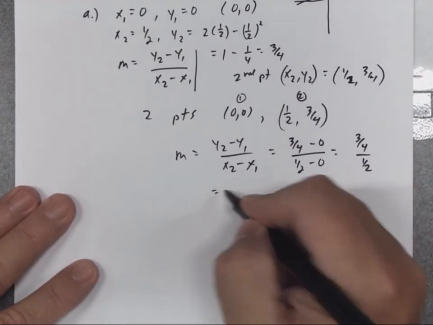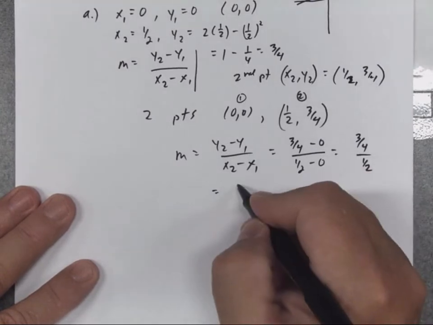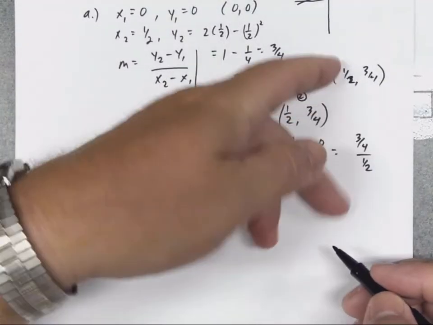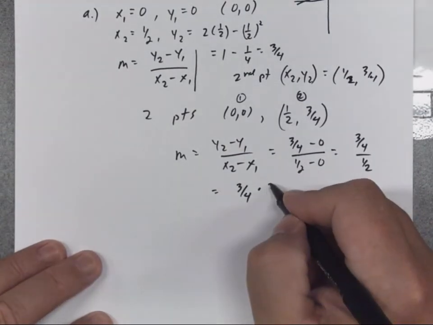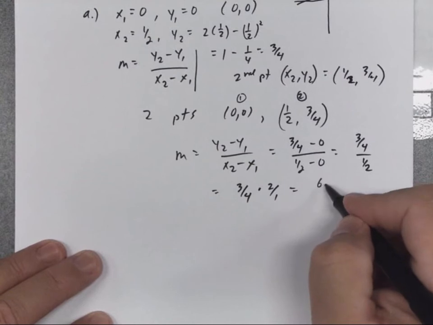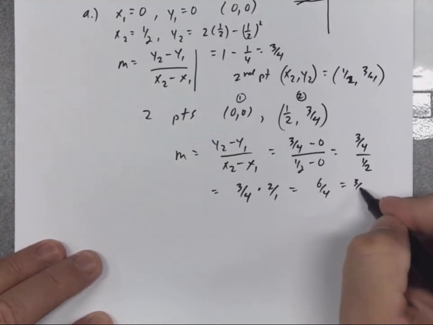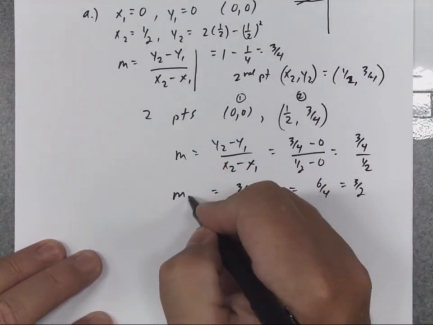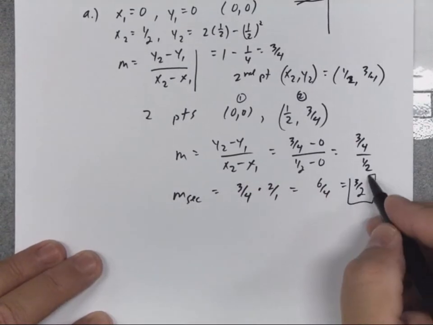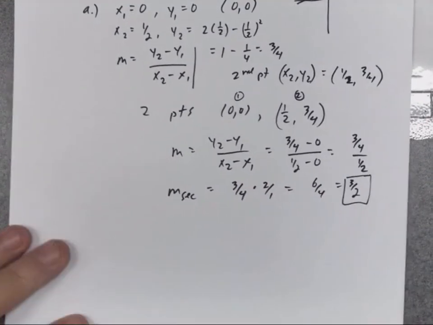Now, if you remember how to simplify complex fractions, you write the top fraction, multiply it by the reciprocal of the bottom fraction, then you multiply, giving 6/4. So I'm going to put here the slope of the secant line is 3/2.